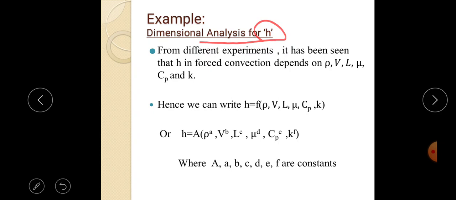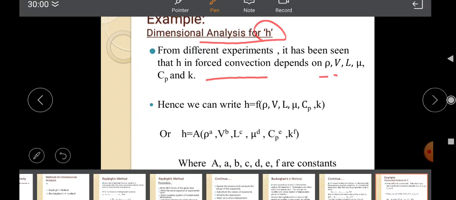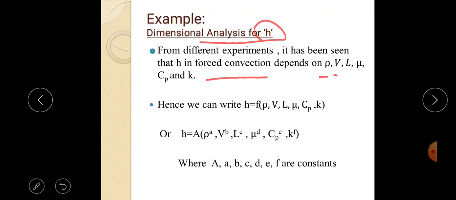From different experiments, it has been seen that h, the heat transfer coefficient, in forced convection depends on rho, which is density, V, velocity, L, characteristic length, mu, viscosity, Cp, which is heat capacity, and k, which is thermal conductivity.